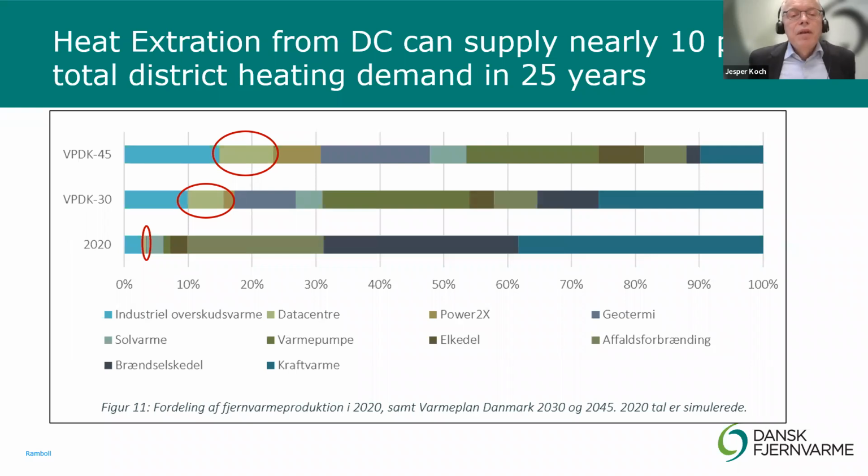What you can see in the red areas is the percentage of surplus heat from data centers. Today it's only minor, less than 0.5%, I think. But as Henrik mentioned, in perhaps 20 years, it will nearly cover up to, let's say, 10% of the total heat supply in Denmark.